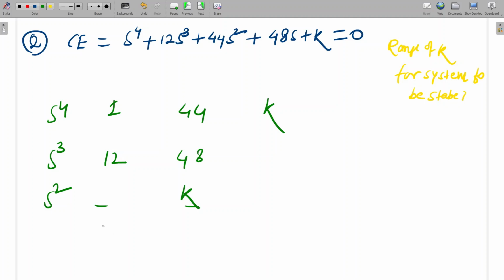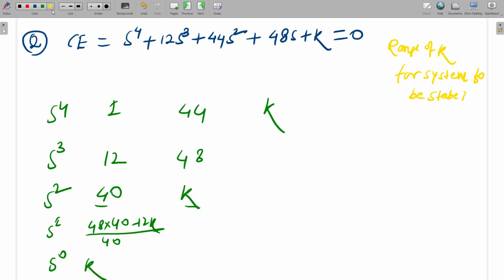I'm getting 40. Is it correct? 40. And here it will be k only. So s to the power 1, what will be the value? 48 into 40 minus 12k divided by 40, correct? And s to the power 0 will be k, correct?